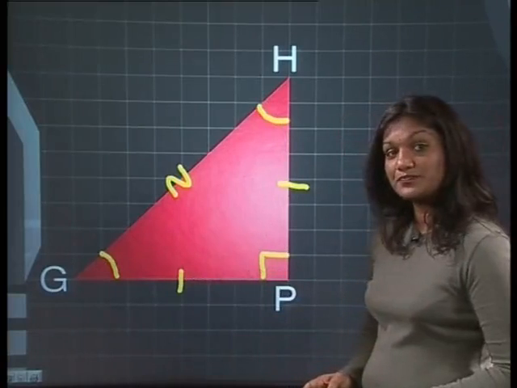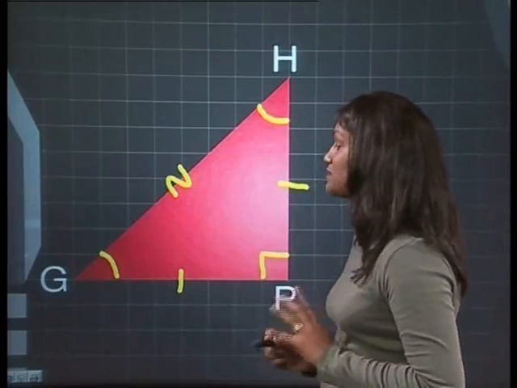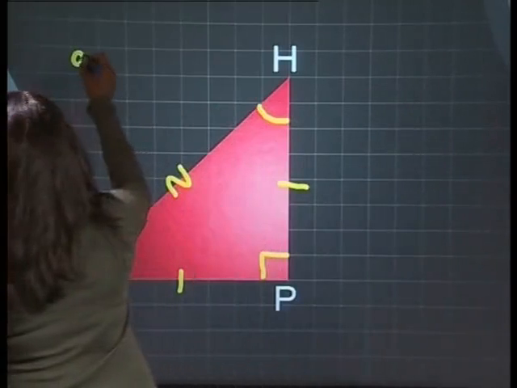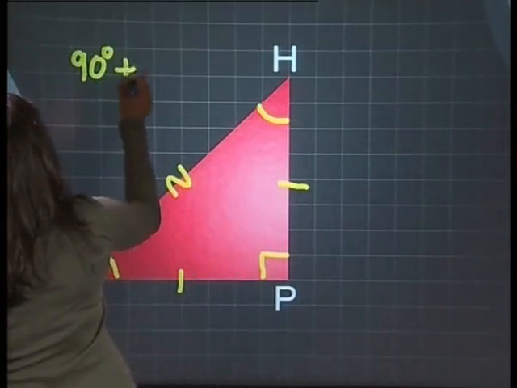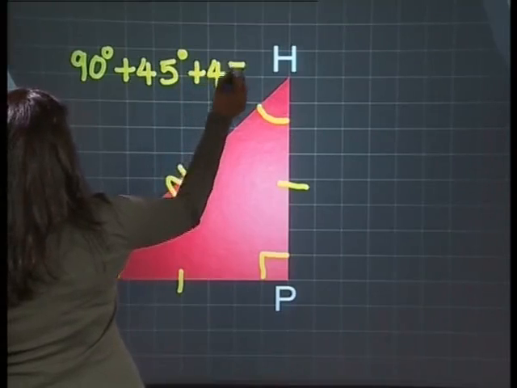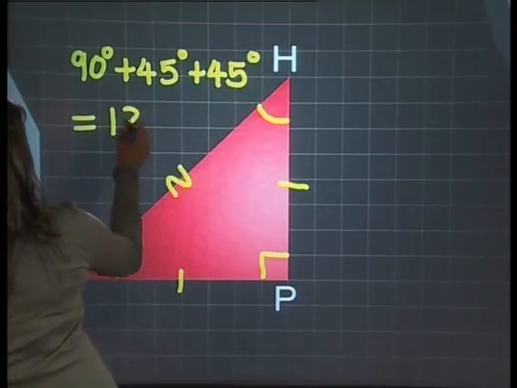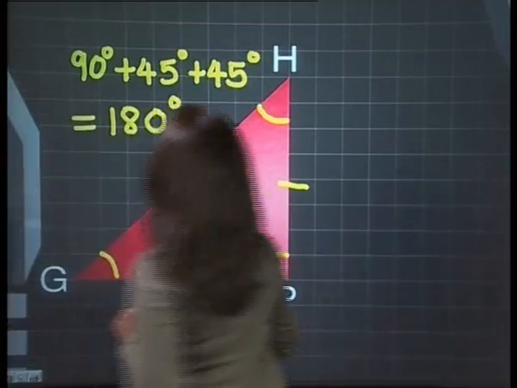Did you get it? This means that angle G and angle H must be both 45 degrees. Let's check this. If we add 90 degrees plus 45 degrees plus another 45 degrees together, it does in fact give us 180 degrees.